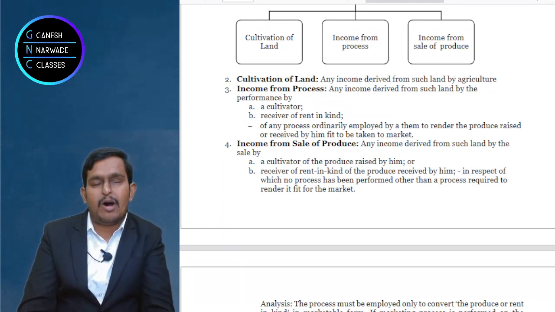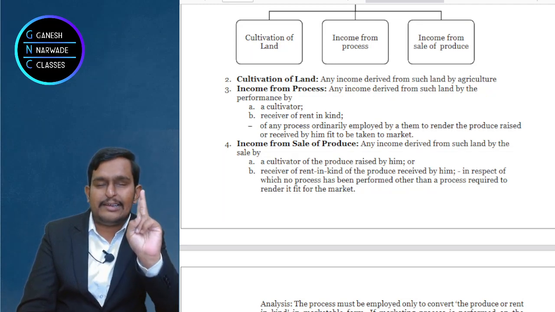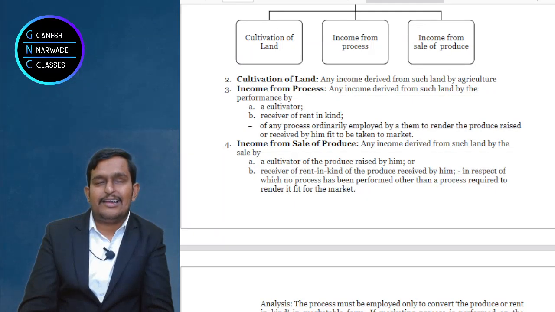But what is important is certain conditions: the building should be occupied by the cultivator or receiver of rent in kind. The building should be attached to the agricultural land, and the agricultural land should be in India, used for agricultural purpose.